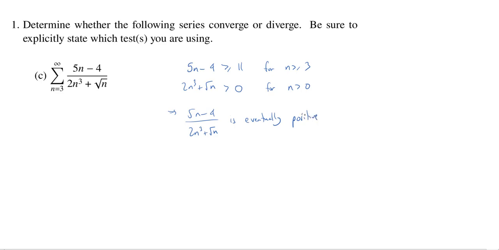Okay, now what I believed is that this underlying sequence is asymptotically equivalent to 1 over n squared. And 1 over n squared is, of course, always positive. Well, of course, we don't want n to be 0 here. So that means that as long as I can actually show that these two sequences are asymptotically equivalent, then I'll be able to use the limit comparison test.